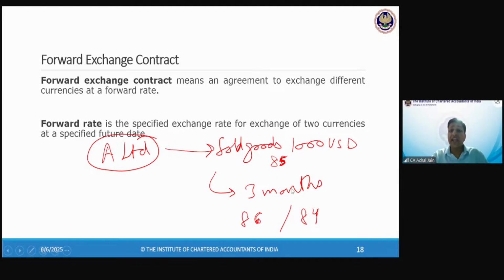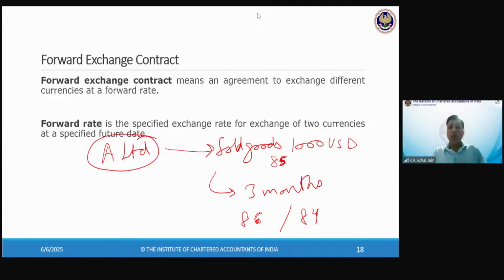If the rate goes up, then A Limited will get more money in INR terms. Yes or no? Because A Limited is a company in India, so eventually A Limited has to have money in INR. Does it matter that it's 1000 USD? Answer is no. After 3 months, if the exchange rate goes up, A Limited will be benefited.